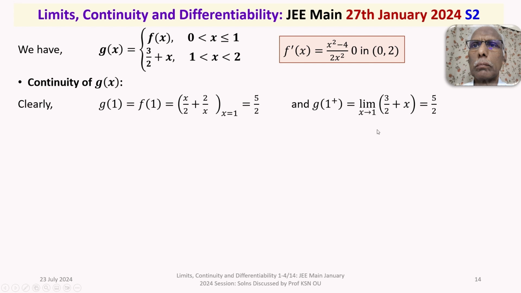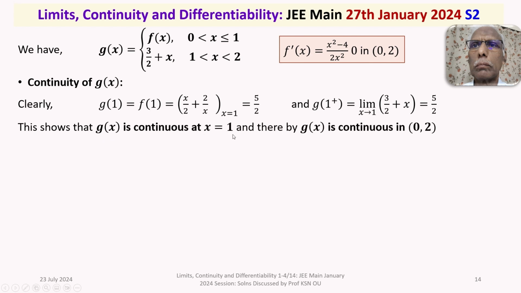They are equal. g of 1 plus and g of 1 minus are the same as g of 1, which is 5 by 2. Therefore, g of x is continuous at x equal to 1, and thereby g of x is continuous on the whole open interval 0 to 2.